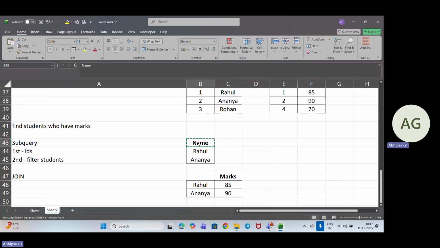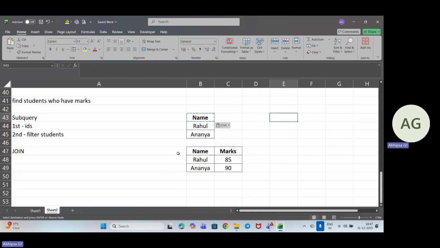This is how my result will look: this is basically for the subquery, and this is basically for the joins. So the subquery focuses on who is the match, the name of the student, and join brings the data together.